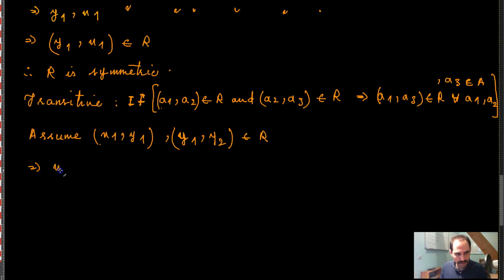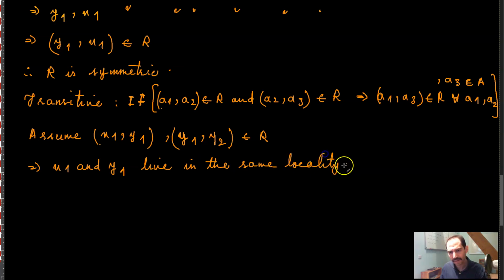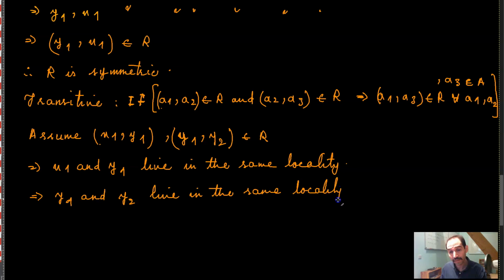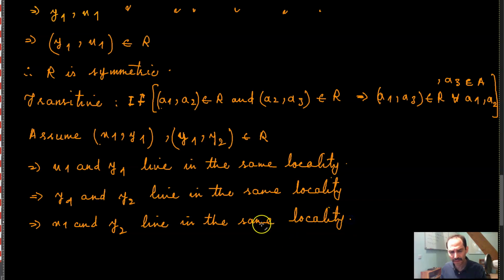then what that means is that x1 and y1 live in the same locality, and also y1 and y2 live in the same locality, which in turn means that x1 and y2 live in the same locality, right?